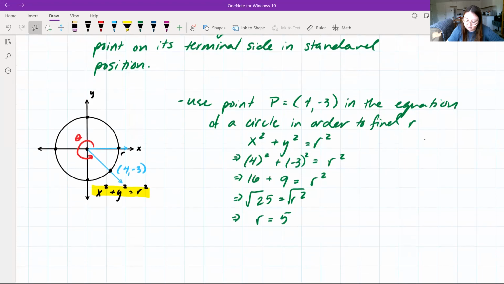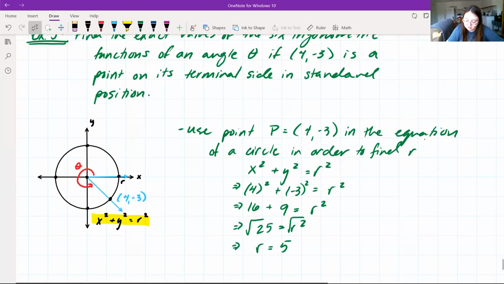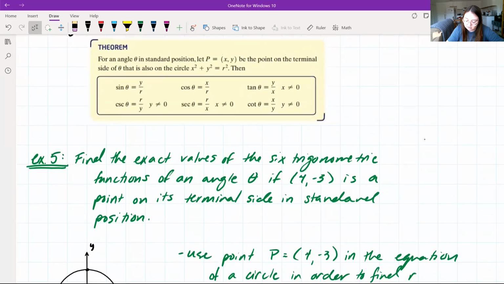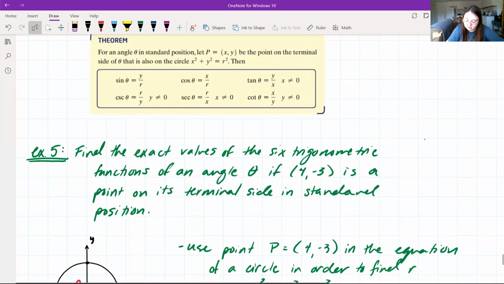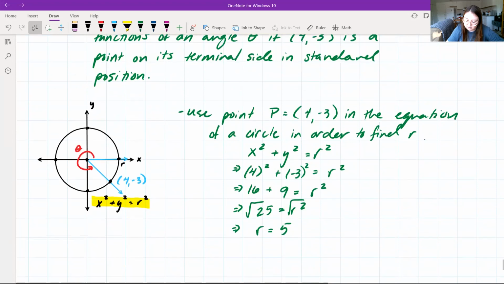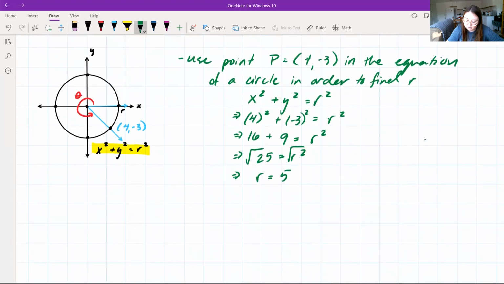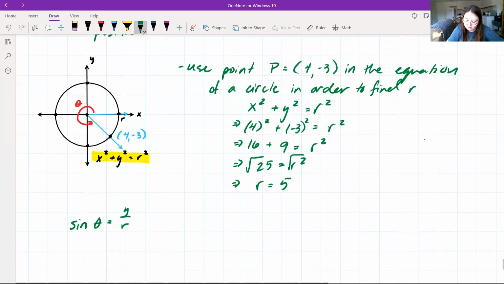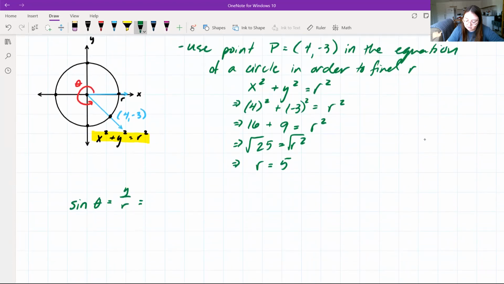Now that we know our radius, we know our value of x, we know our value of y, and we know our value of r. So we can go ahead and use our theorem to determine the values of our 6 trigonometric functions. So starting with sine of theta is going to be y divided by r. So y in this case is -3 and r is 5.